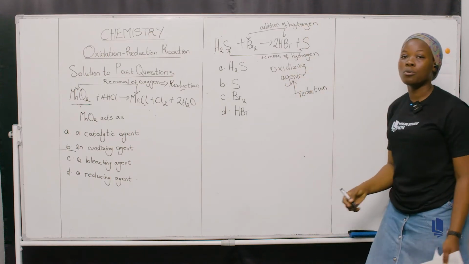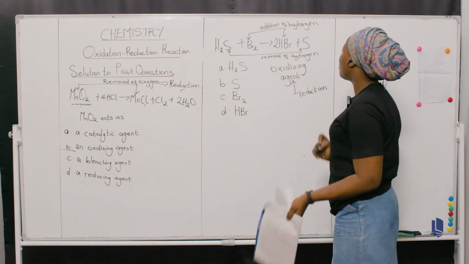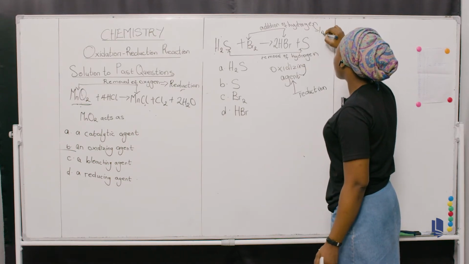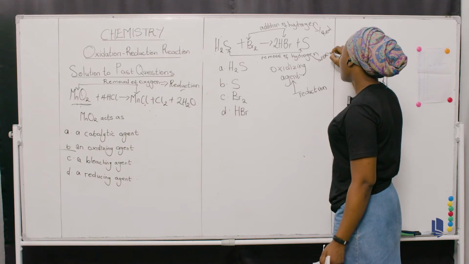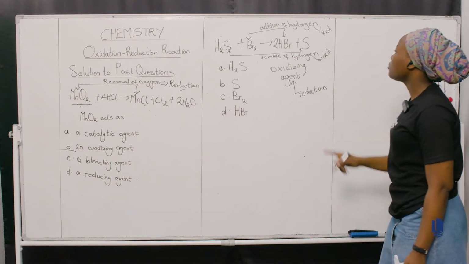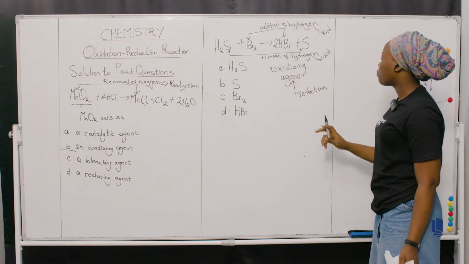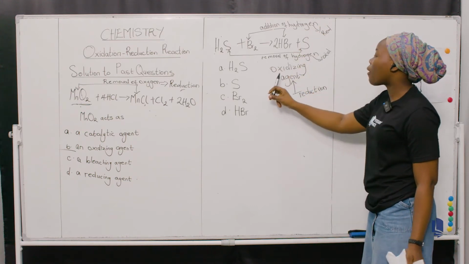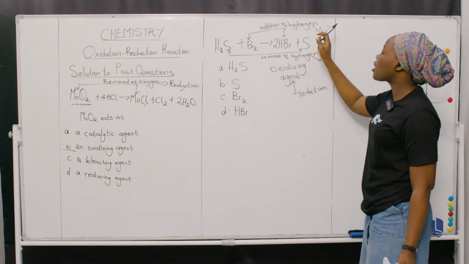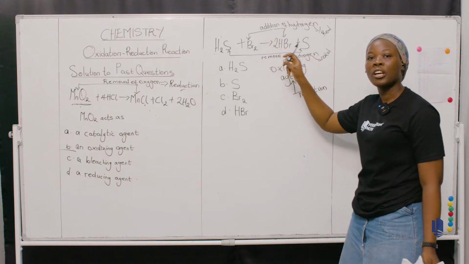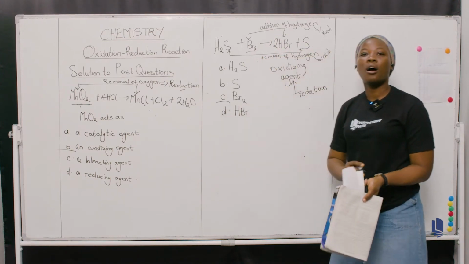Addition of hydrogen is what reaction? That is reduction. Removal of hydrogen is oxidation. Addition of hydrogen, reduction; removal, oxidation. Our oxidizing agent would undergo reduction, so this is the reduction. What's the reactant for the reduction half equation? Br2. And so C is our answer.